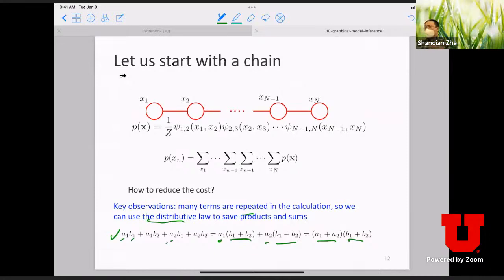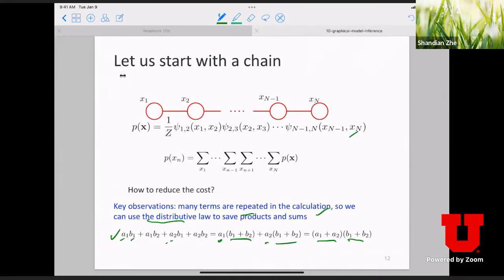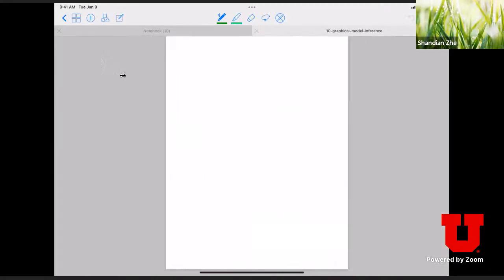Now let's see how we can apply this idea to the chain graphical model. Actually, all the smart inference under graphical models leverages this basic idea. I'm going to use a concrete example.